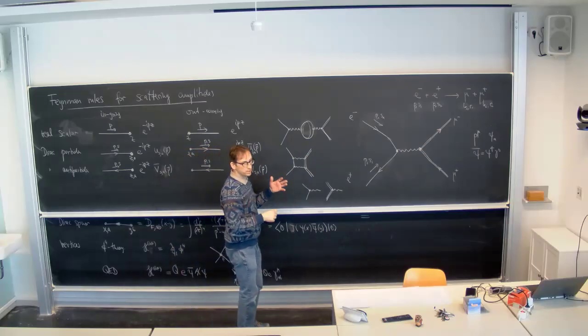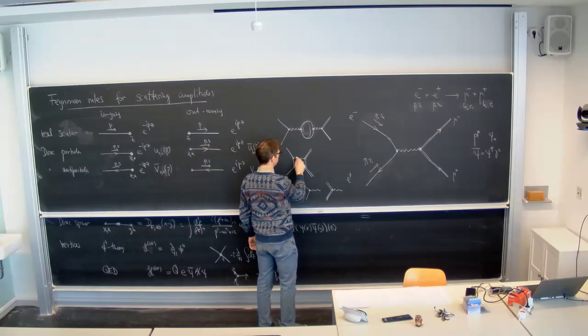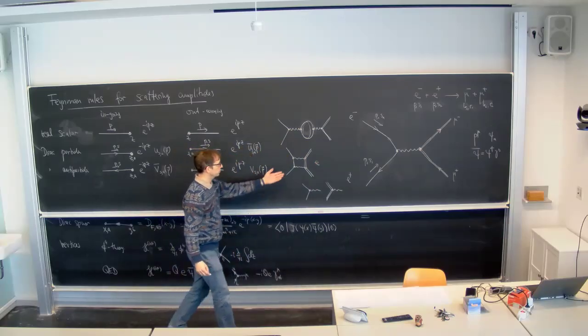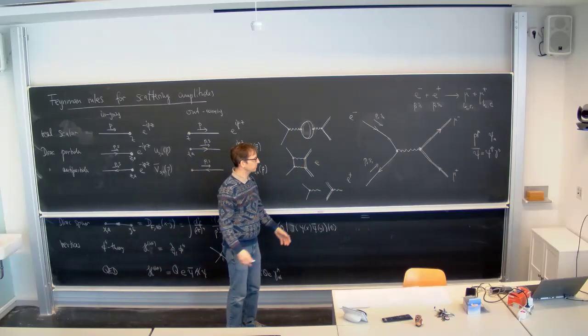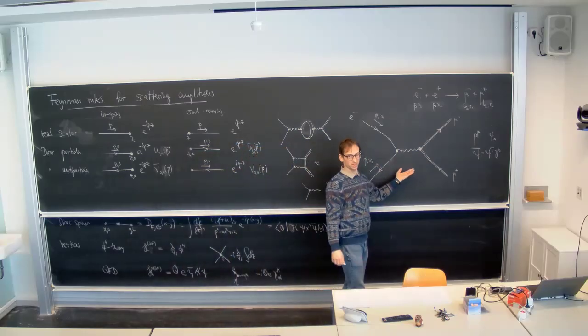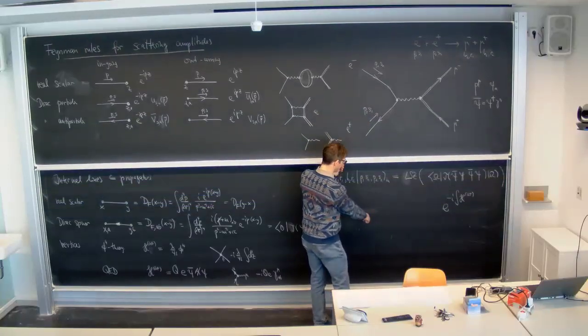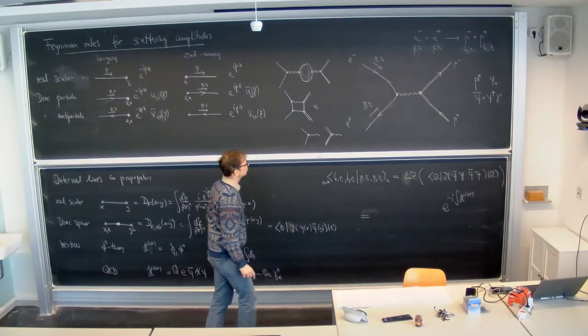It'll be all e to the 4, because we have 1, 2, 3, 4, and here's 1, 2, 3, 4, and every vertex comes with an elementary charge e, and so we have an e to the 4 contribution. So you get more and more diagrams, and in order e squared, you have just this. So that's why I can write this equal sign and say, okay, this is the order e squared.